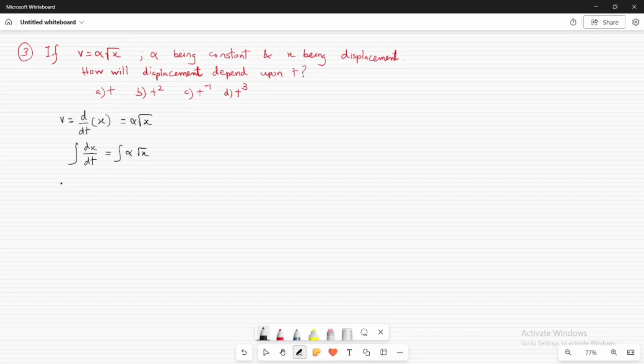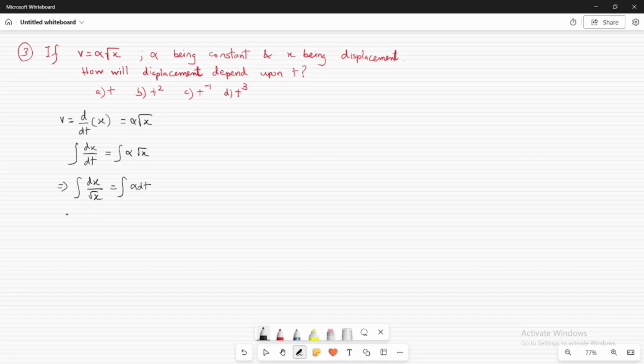Now what we can do is rearrange, bringing similar terms to one side. dx by root over x equals integration of alpha dt.